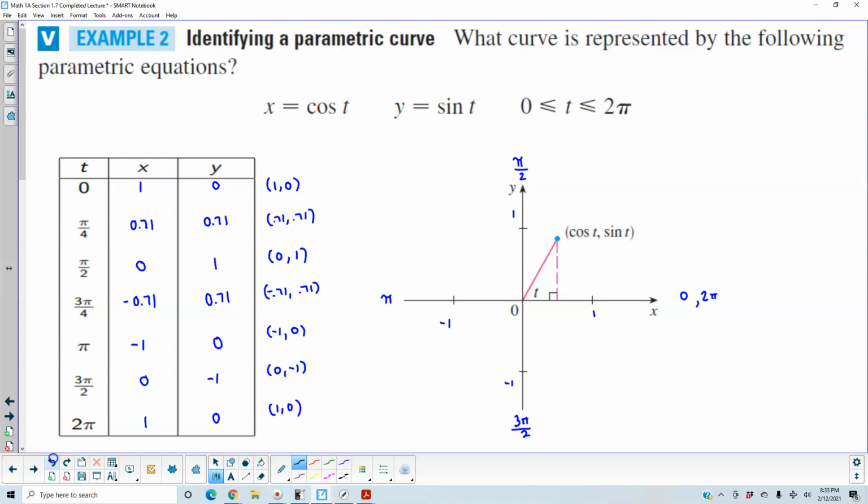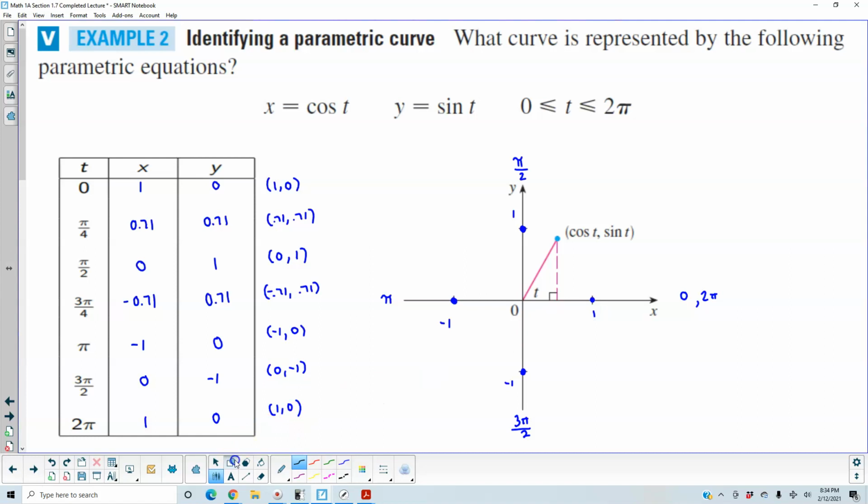So we know that we have an ordered pair here at 1, 0. We have another ordered pair here at 0, 1, which is at pi over 2. So we know that at pi, it's negative 1, 0. And then at 3 pi over 2, we have 0, negative 1. And then at 2 pi, we're back at 1, 0.